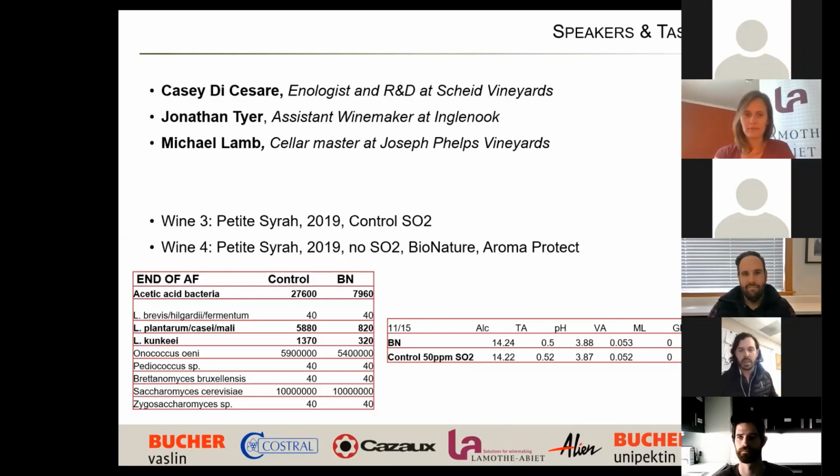As you've seen in the data, the trials we've done with it are very similar. The trial last year, I used chitosan as a third section to the trial, and we actually used it pre-fermentation, pressed off so that it would allow for malolactic fermentation, then post-malolactic. And yeah, it works great.